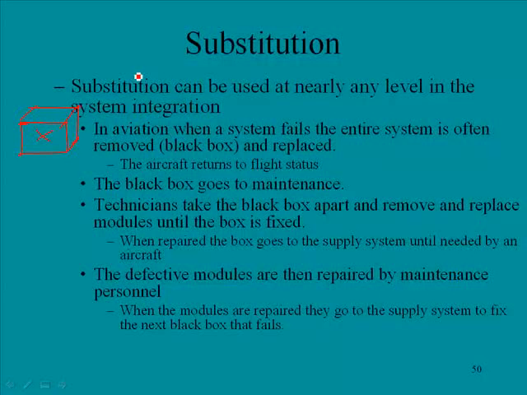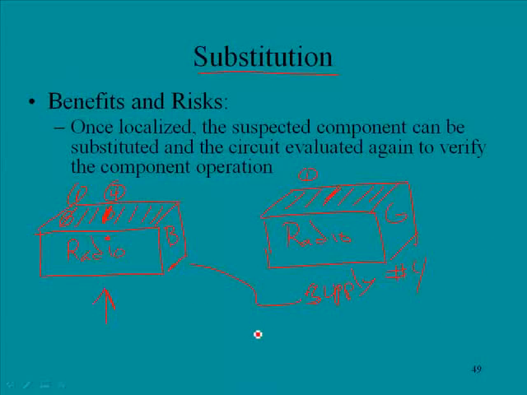The pilot flies away. The bad box now goes down to the folks in maintenance, and the technicians have to fix it. They take the black box apart, and remove and replace modules until the box is fixed, the process we looked at over here.